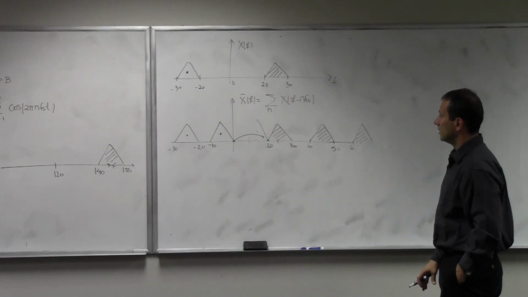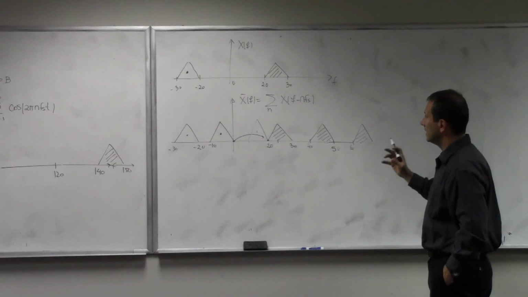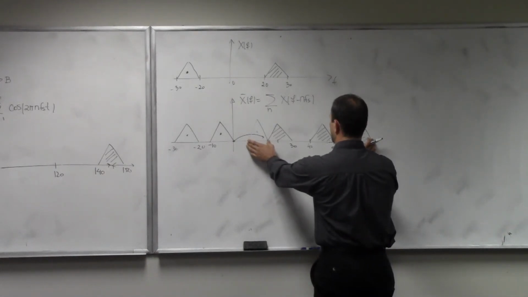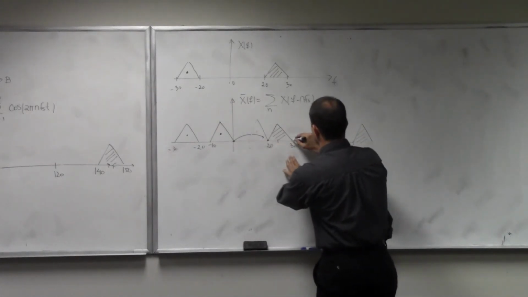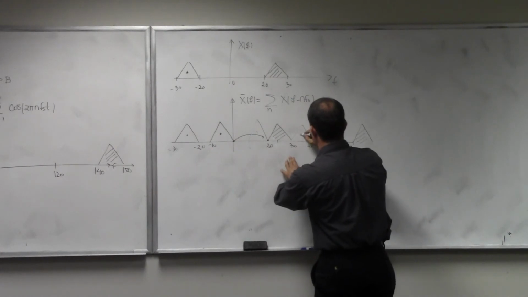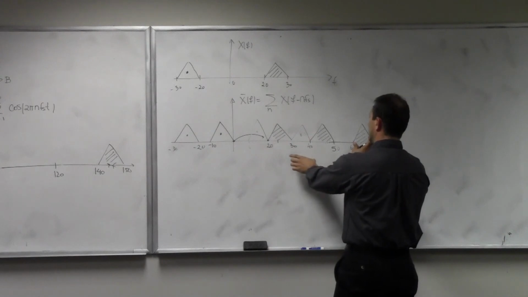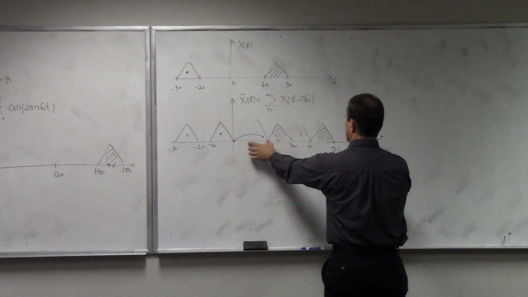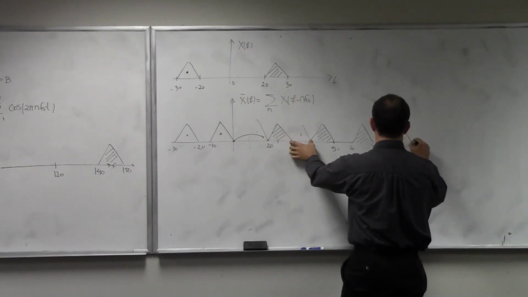If I shift it again by another 20, then this 10 becomes 30, so it wedges in here. And this 60 and this one, shifted by 20, becomes 70, becomes 80.